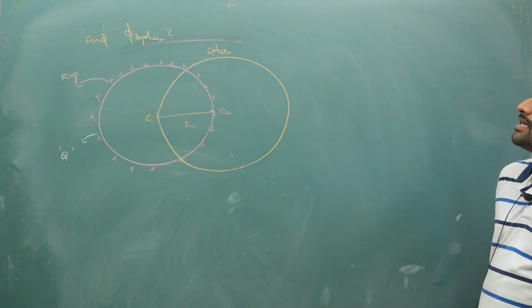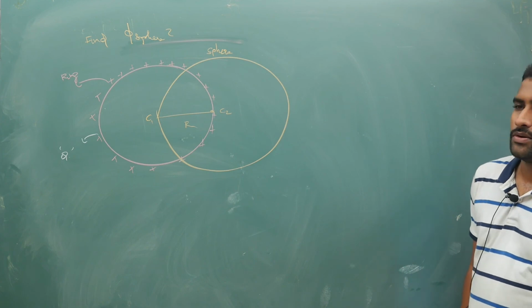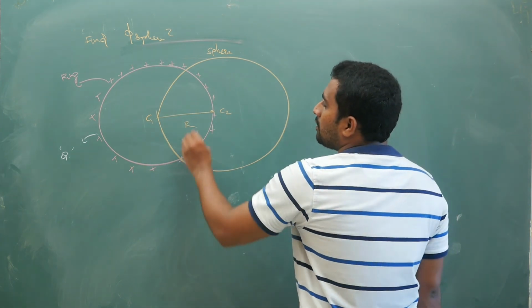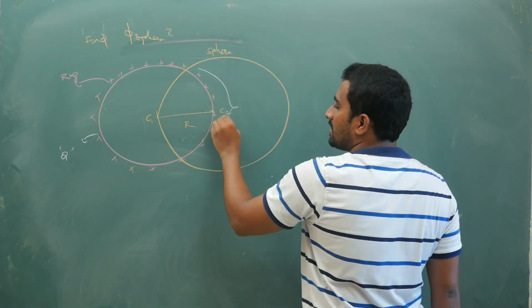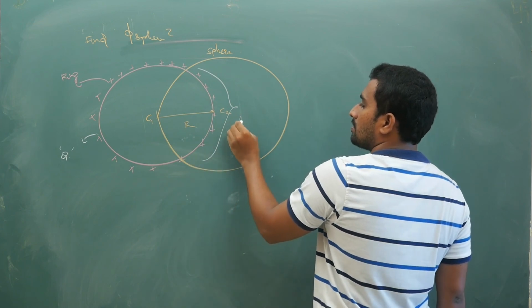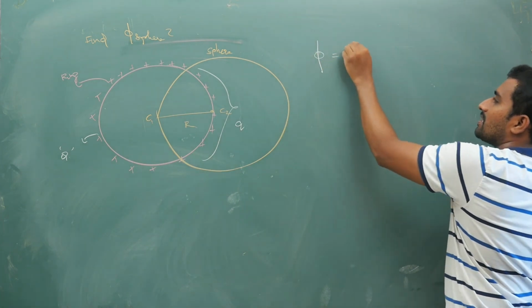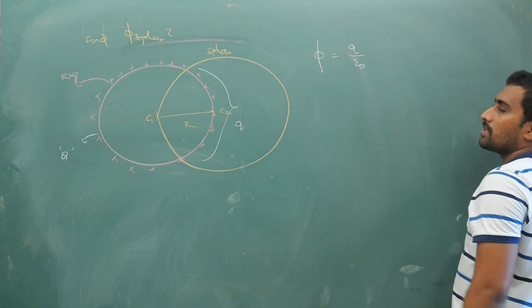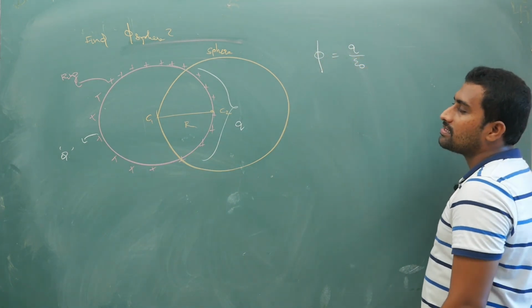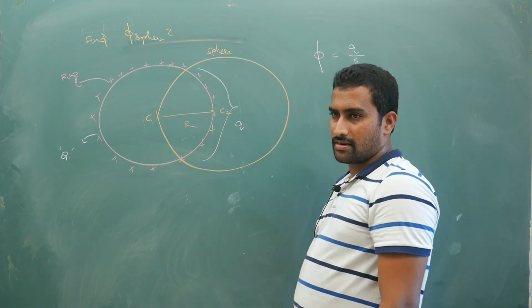Now if you are thinking logically, if we calculate the charge present inside, say it is small q, your flux is equal to small q by epsilon naught. But what that small q is, is what you require.